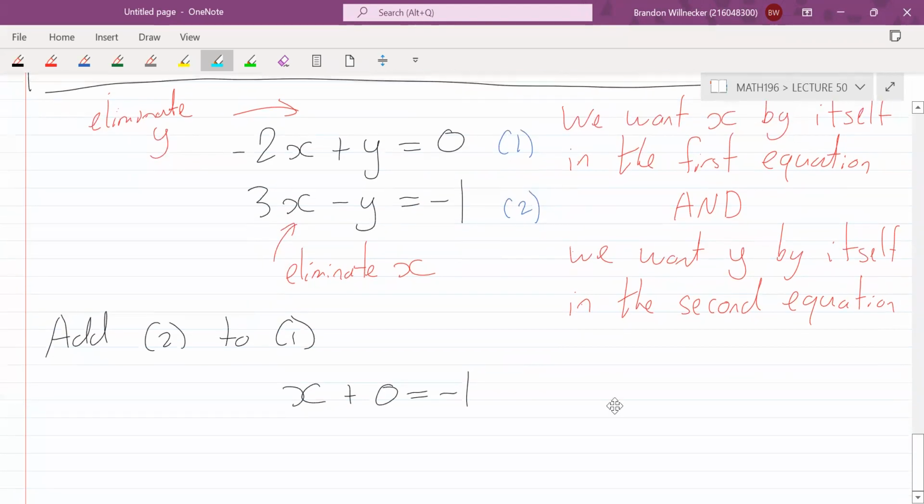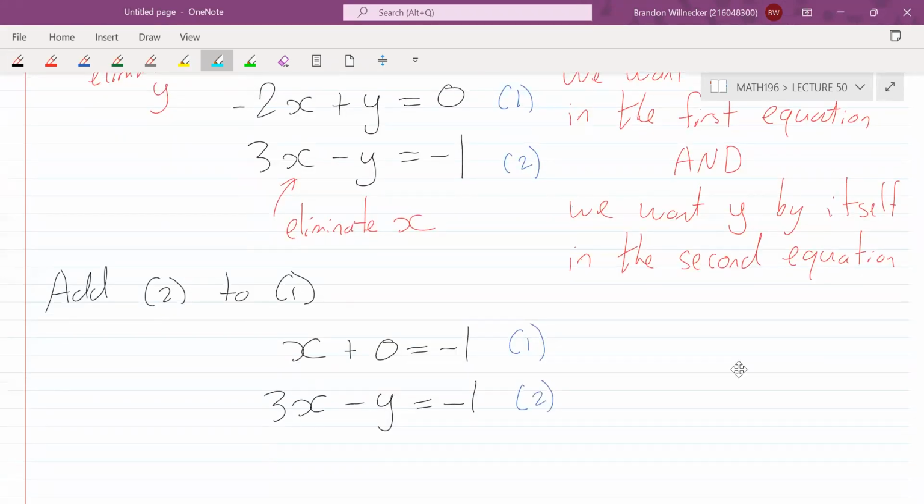And the second equation, that stays the same. We haven't done anything to that. Okay, so we've got ourselves equation 1 and we've got ourselves equation 2. Okay, good. So we've got x by itself inside equation 1, which is what we wanted.